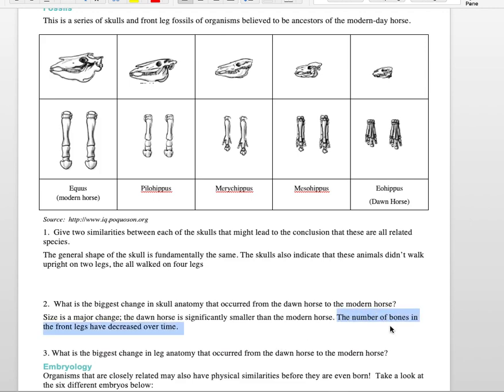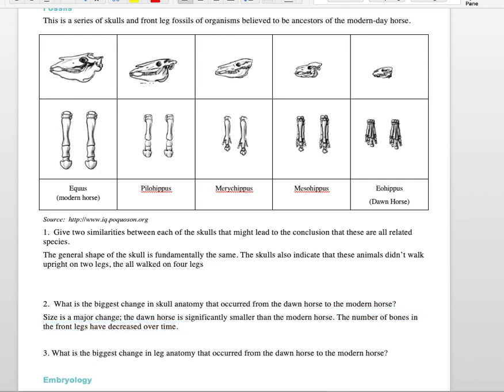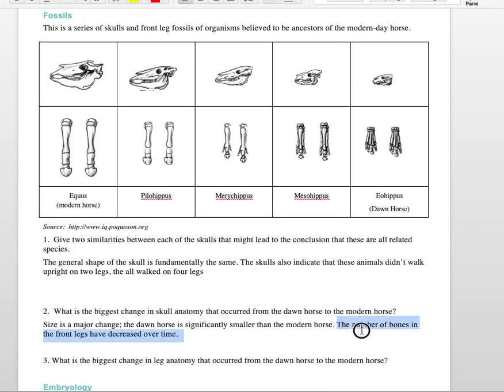You could also add that the number of bones in the front legs have decreased over time. You could also mention the size of the bones have decreased over time, because that's visually showing you a difference.